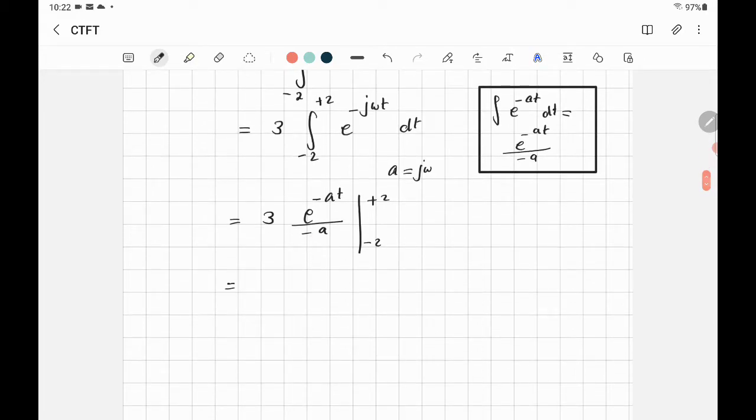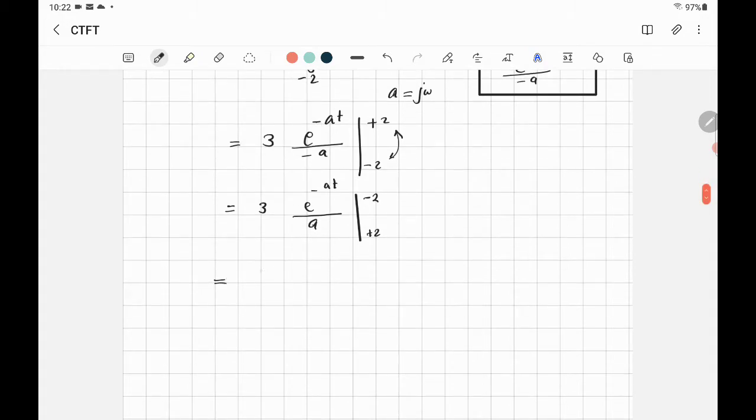If you want to get rid of this negative sign in front of a, all you're supposed to do is get rid of the negative, and the price you're going to pay is you change the limits of integration. Instead of -2 to +2, -2 will be on the top, +2 on the bottom, and you still have e to the power of -at, the same.